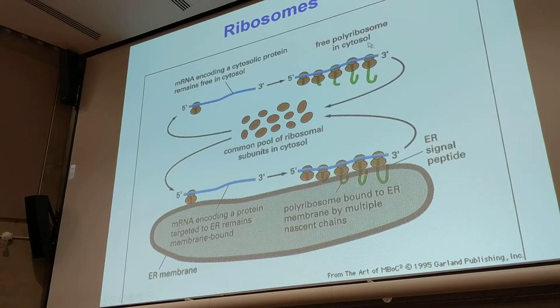Ribosomes: we have a common pool of ribosomal subunits in the cytosol that could be utilized to make a free cytoplasmic RNA that will give rise to a cytoplasmic protein, or it could also make a protein that is prone to translocate into the ER.